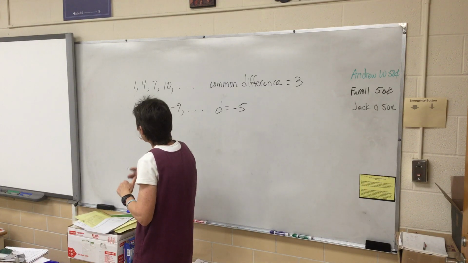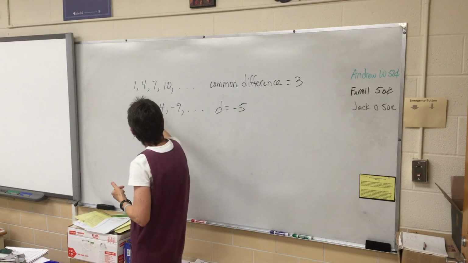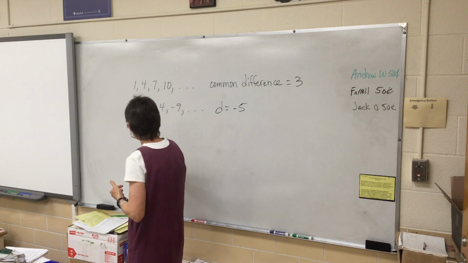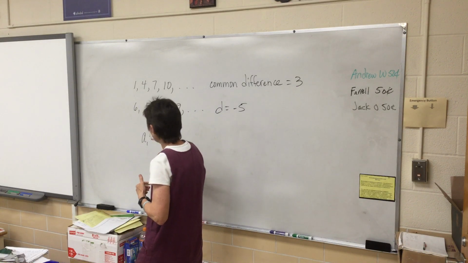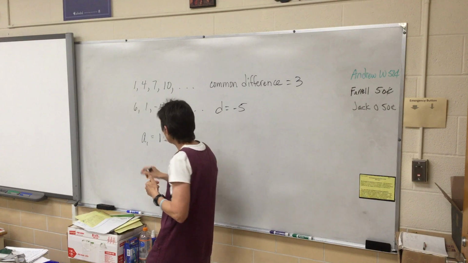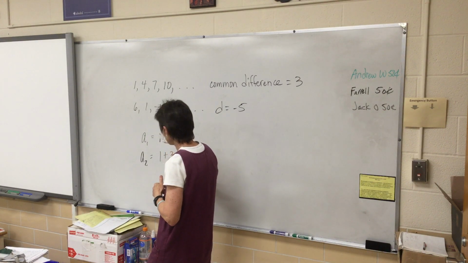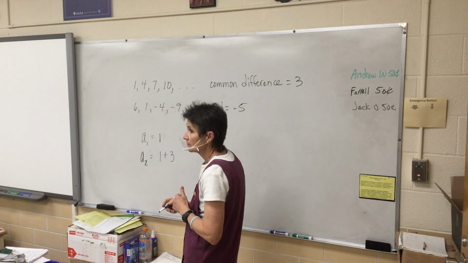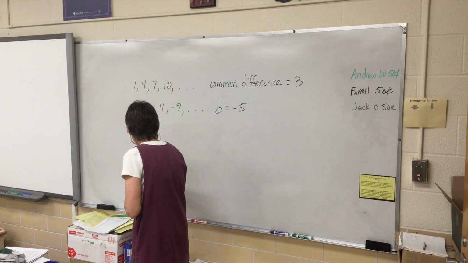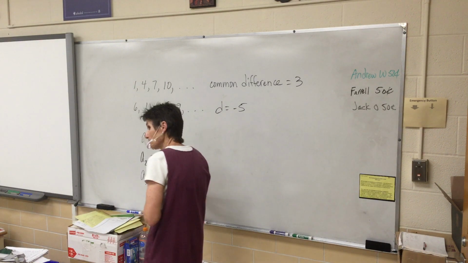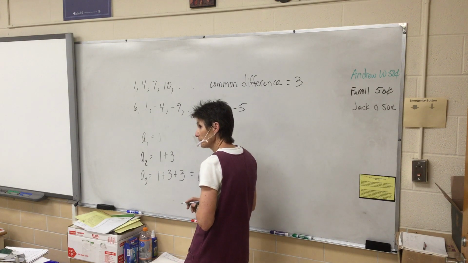Let's look at the first one. And I'm going to use some notation here that's used when we study sequences. So the first term of the sequence, which I'm going to call A sub 1, is 1. Now, the second term of the sequence is 1 plus 3. And the third term is 1 plus 3 plus another 3, or 1 plus 2 3s.